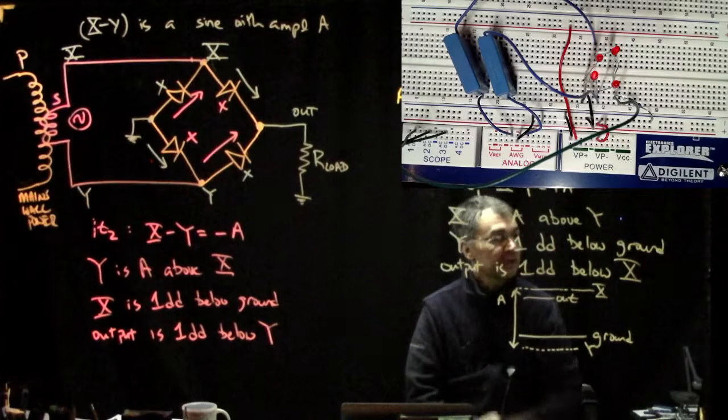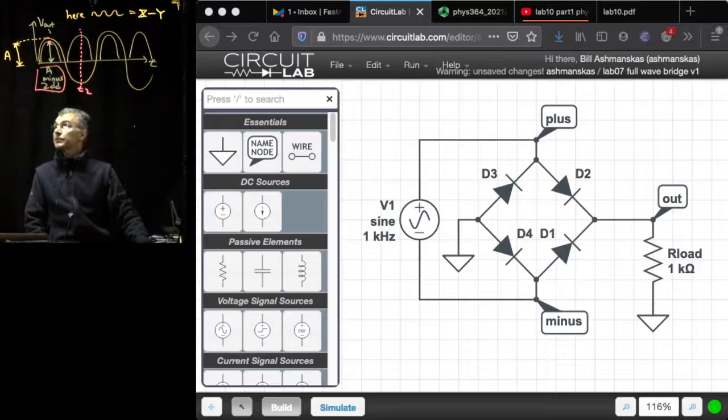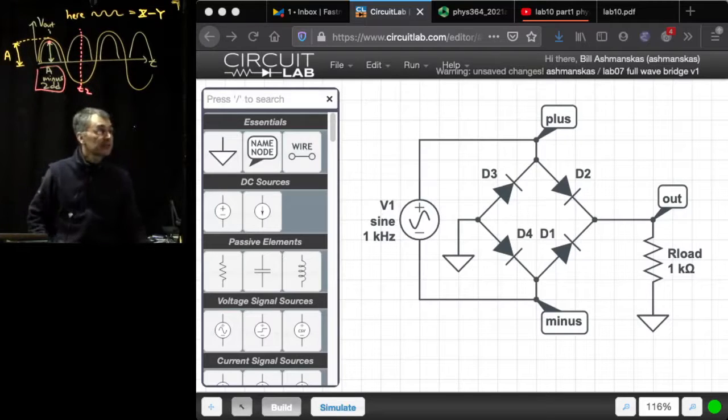So, okay, let's see what happens in Circuit Lab here. So I built the same circuit, and notice that the signal generator here is floating. I arranged the diodes the same way as I did on the board.